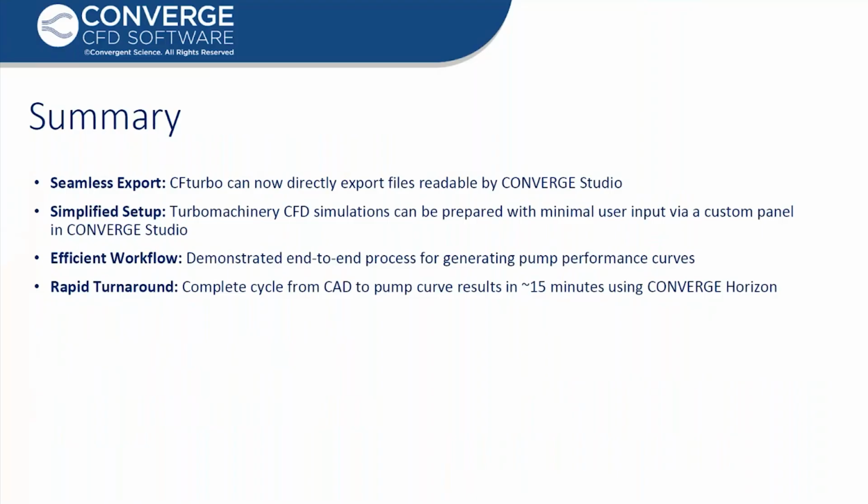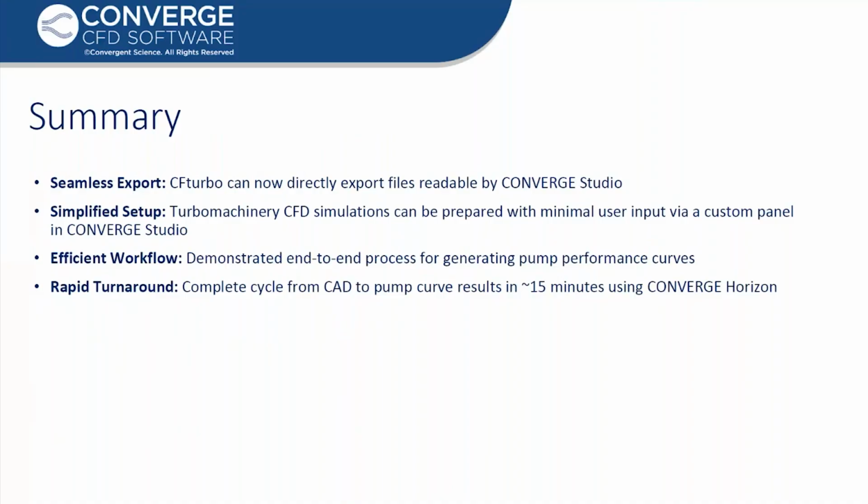Just to summarize, we showed a seamless export option from CFturbo, where CFturbo will generate certain files which can be directly read by Converge Studio, and you can have a ready Turbomachinery CFD simulation with minimal user input. We also took you through an efficient workflow where we demonstrated how you can generate pump performance curves.